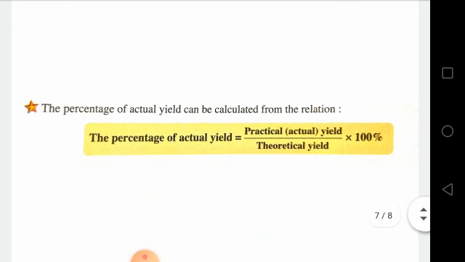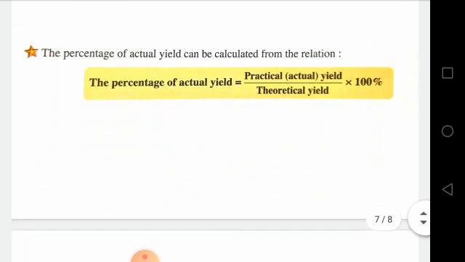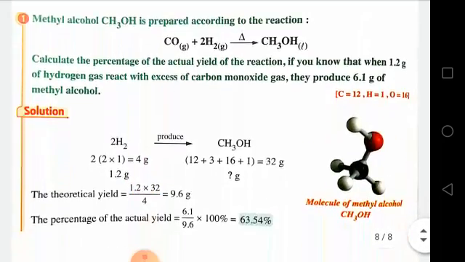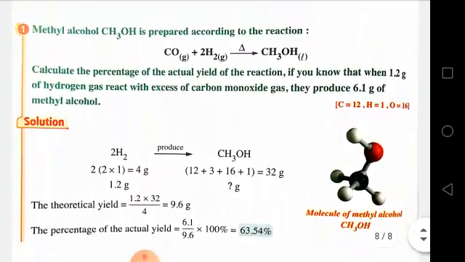We will use this relationship to calculate the percentage of actual yield. The percentage of actual yield equals the practical yield divided by the theoretical yield, multiplied by 100. As in this example, methyl alcohol, CH3OH, is prepared according to the reaction.